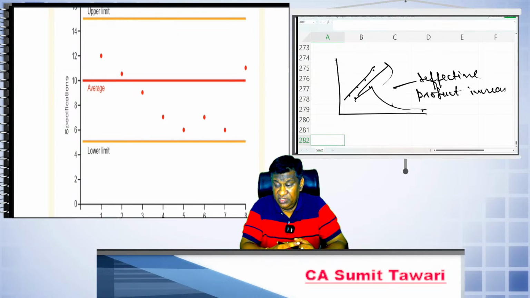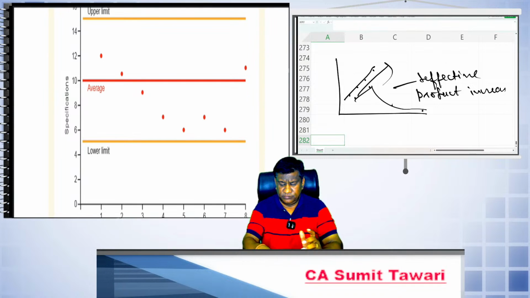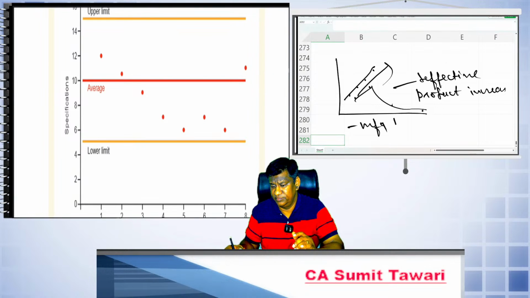What are the reasons for increasing defective products? Can anyone guess? So maybe the manufacturing process is wrong. Manufacturing process wrong. Lack of strategies.